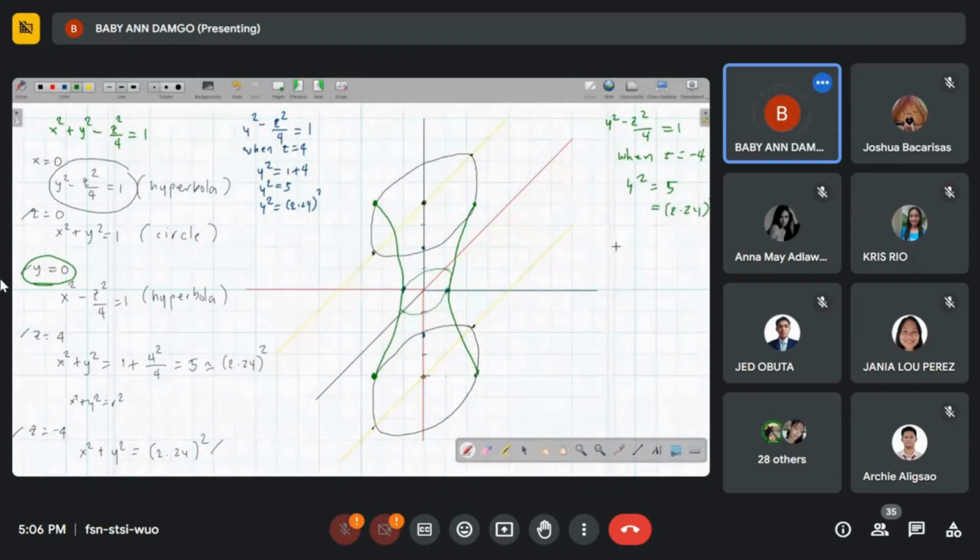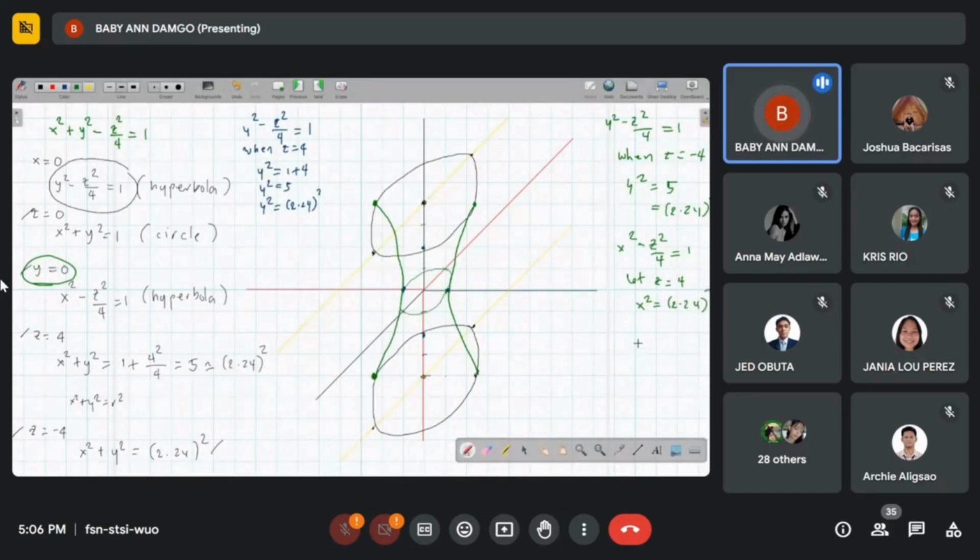So we have x squared minus z squared over 4 is equal to 1. Okay? So we let z is equal to 4. Okay? So ang result ni this is x squared is equal to 2.24 squared.